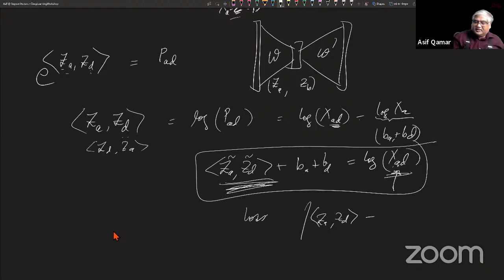Z_D minus B_A minus B_D, and just square it, the typical sum squared error loss you're doing. And there is actually one more factor here for rarity, a decay factor, which you can gloss over. There's a technical reason for putting in a decay factor, but ignore it.